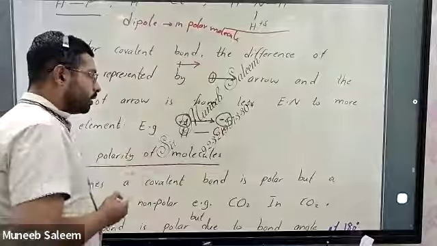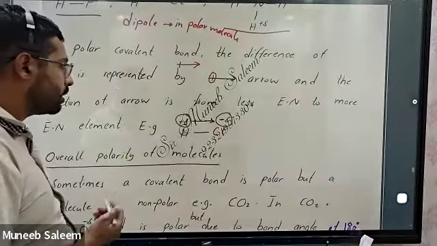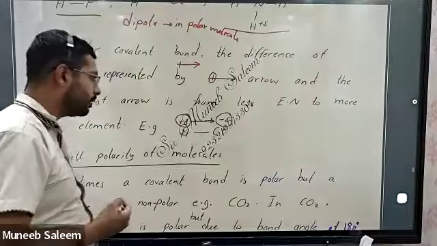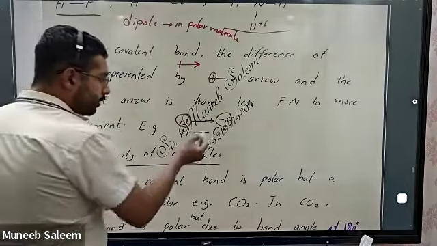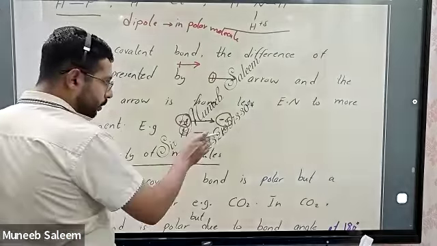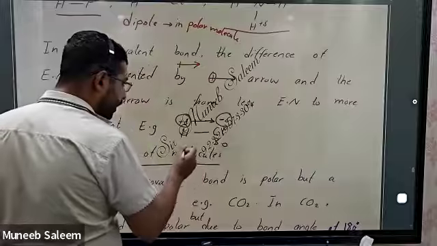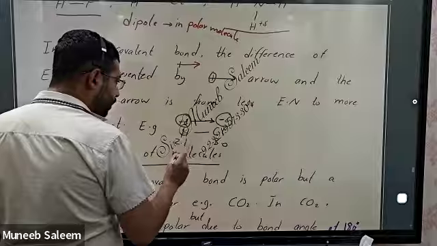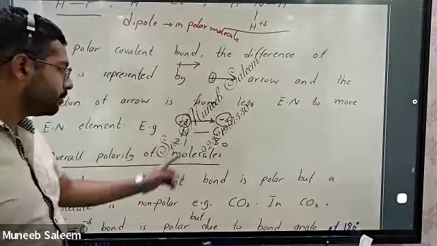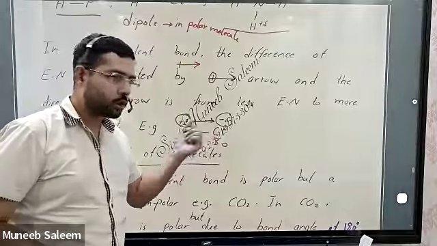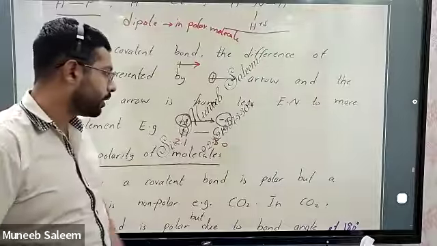Now here, this dipole arrow is used to indicate the direction of the charges from the partial positive side to the partial negative side. And you can see here, this is an example of HCl. Now chlorine has a higher electronegative value of 3.0 and hydrogen has a value of 2.1. So partial positive charge is accumulated over the hydrogen atom and partial negative charge is accumulated over the chlorine atom, and then this direction of the arrow indicates the direction of the polarity.